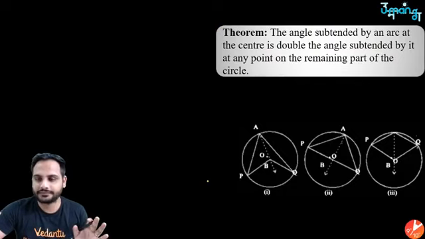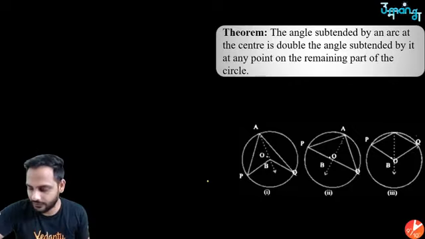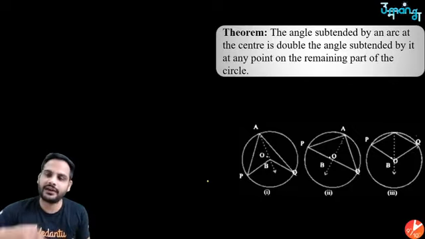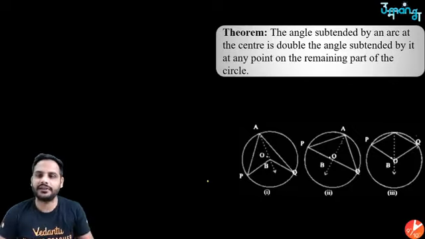So the first theorem which we are going to study today is this: the angle subtended by an arc at the center is double the angle subtended by it at any remaining part of the circle.